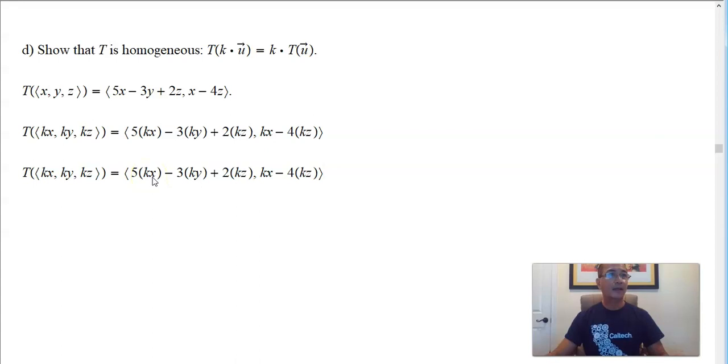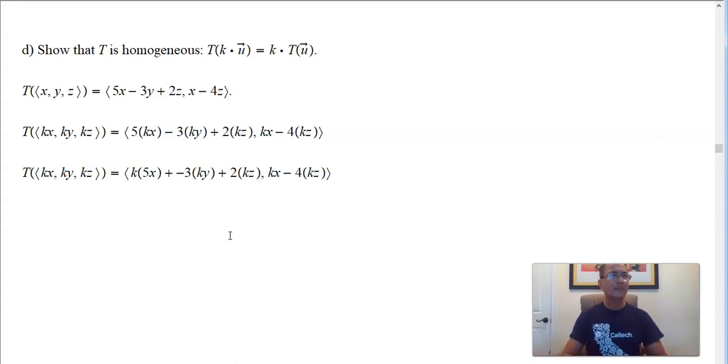Oh, but wait, hang on a second. Let's think about the associative property first. So we can put k outside the parenthesis and put the 5 inside. Ooh, okay. Put the k outside.